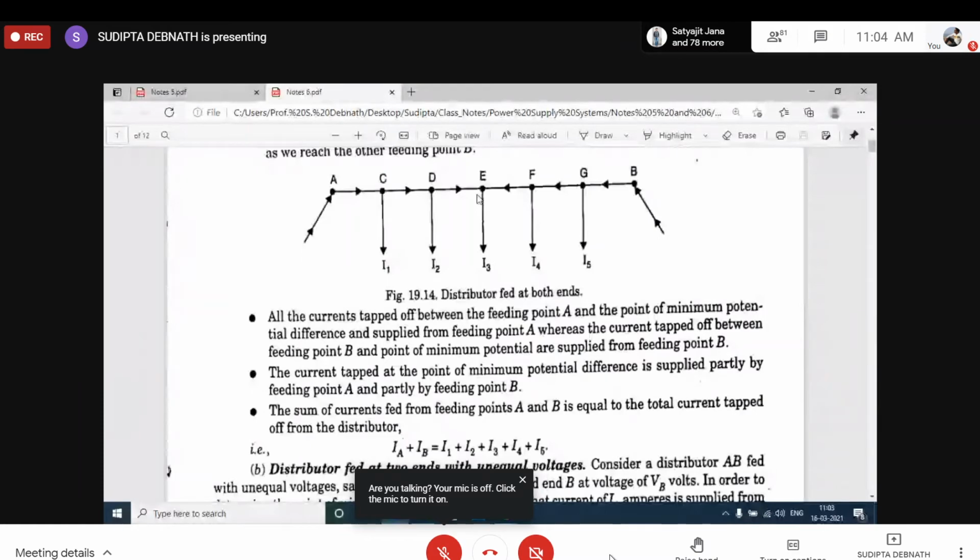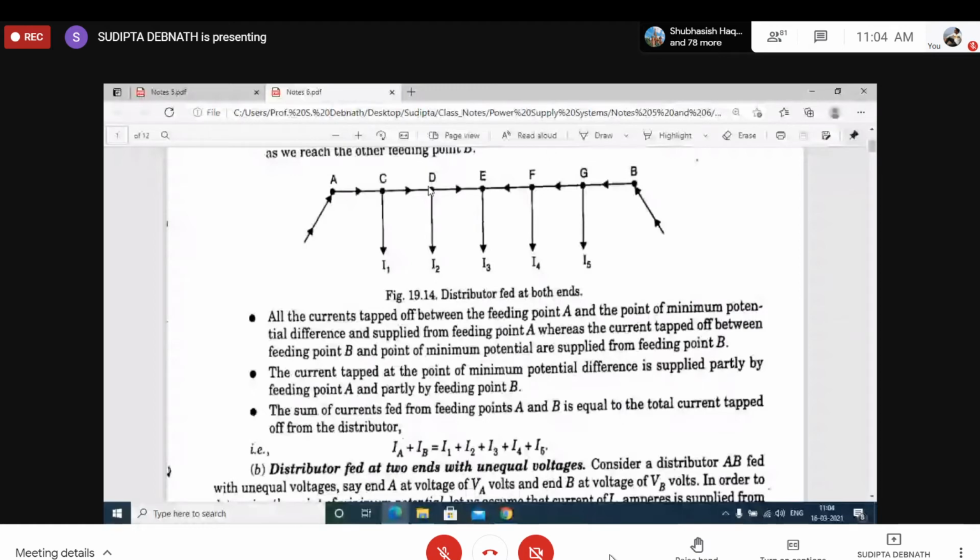If E is the point of minimum potential, then the current will be entering from this side to point E, and also from this side to point E. Again I am repeating, let us consider section AE only, and if this voltage is minimum, it will never happen that current is flowing from E to D. Can it happen? It cannot happen. It is the point of minimum potential.